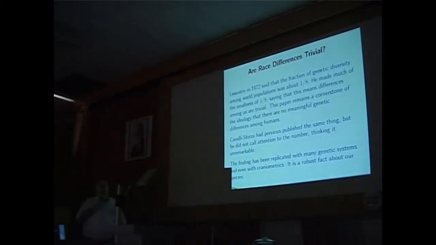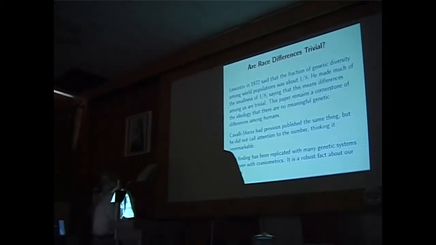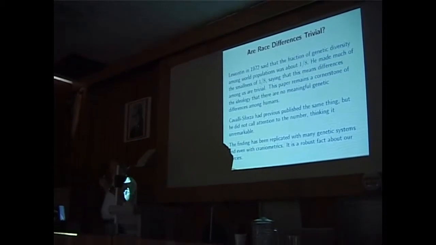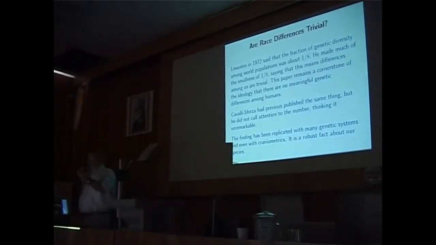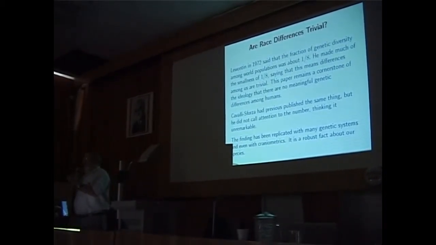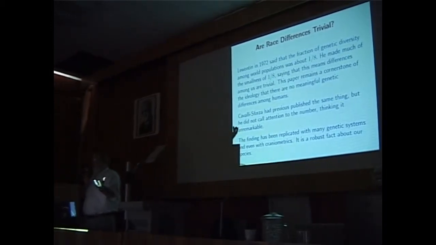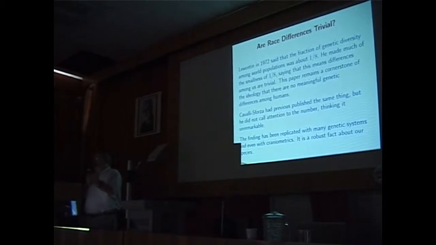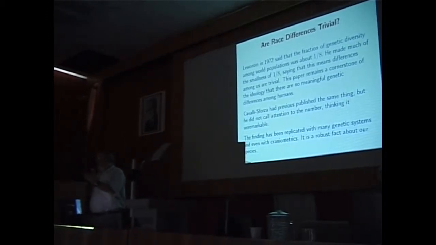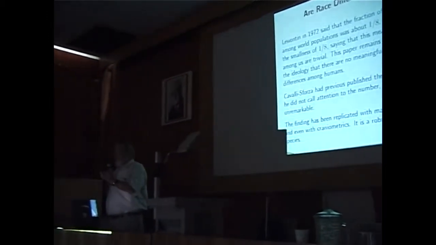Now, what this 1/8 means is that if we take any single human population, Lewontin said, say Zulus, for example, within that Zulu population, there's about 7/8 of the total human diversity.